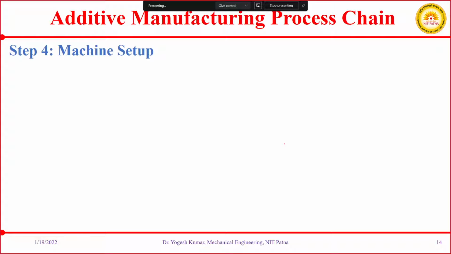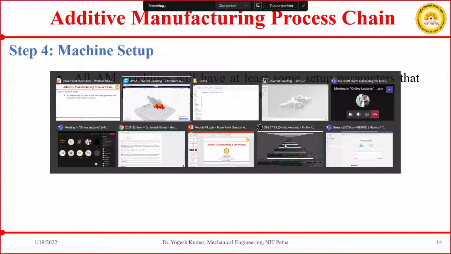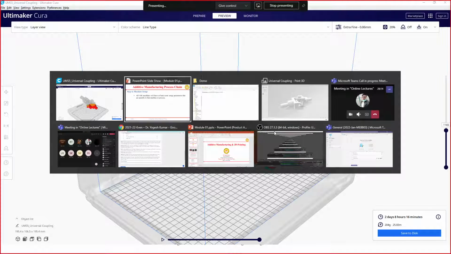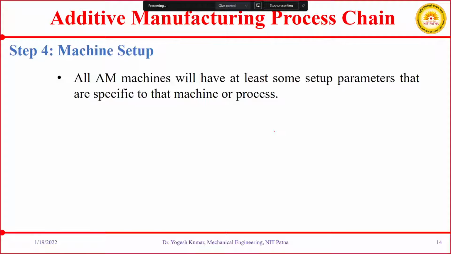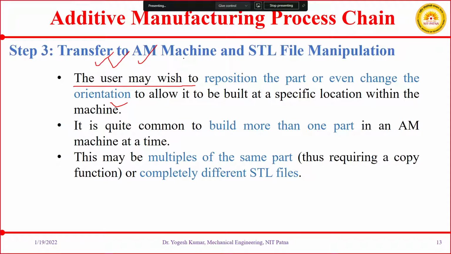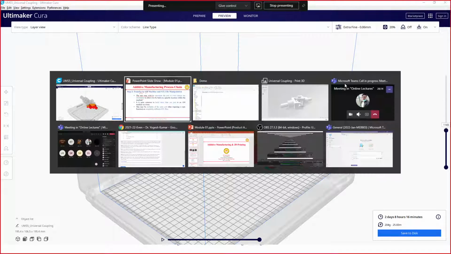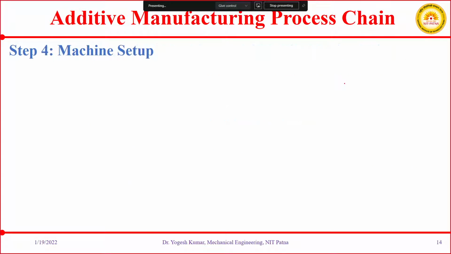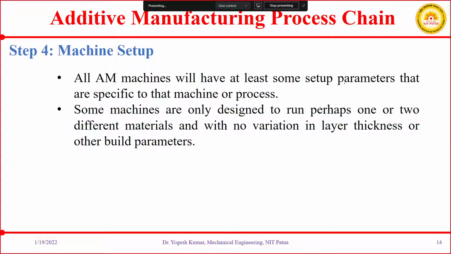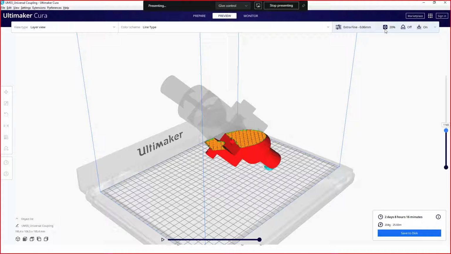Once you have transferred your STL file and sliced your data, there are some settings, or you need to set up your machine related parameters. These parameters may be the bed temperature.